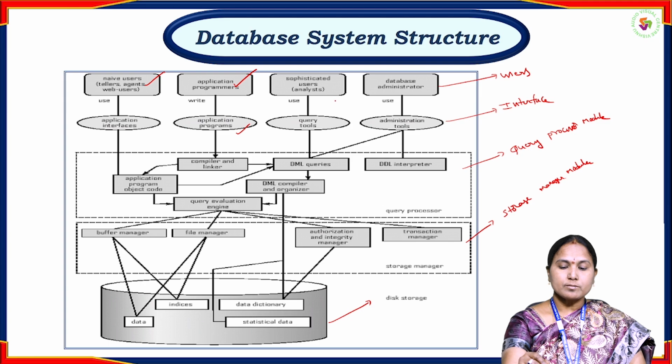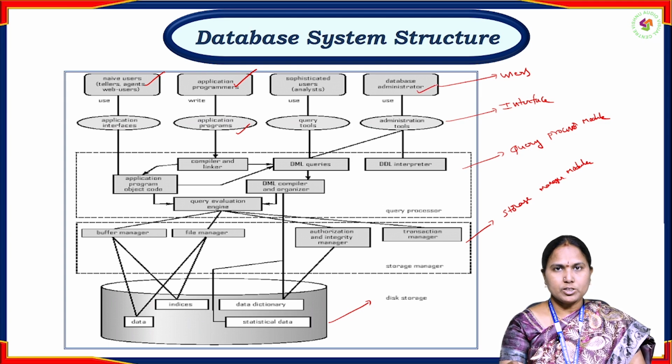Coming to the database administrator. This functionality was already discussed in the last slide. He is the centralized person who controls the entire activities of the data inside the database with support of administration tools. These are very important blocks.